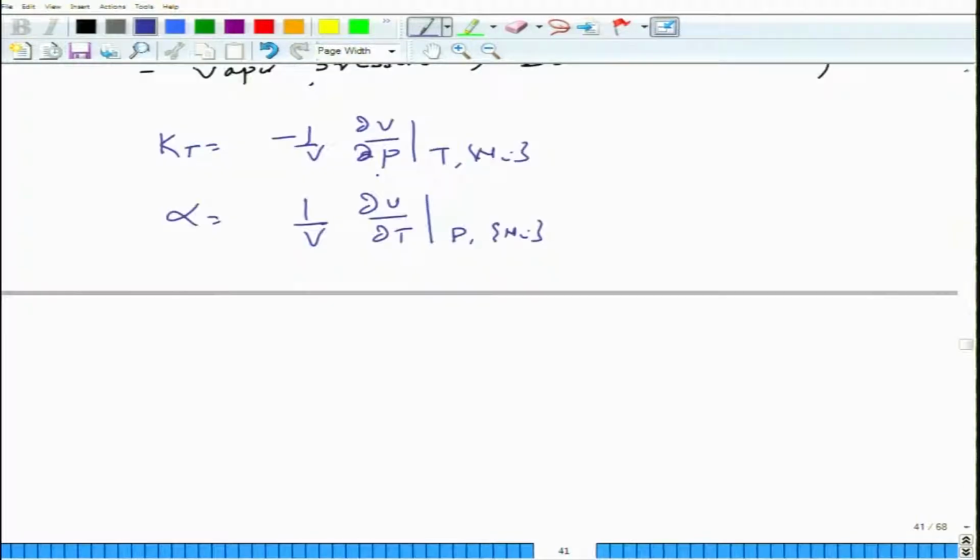Remember also that the reciprocal of the compressibility is sometimes called the bulk modulus of the material.